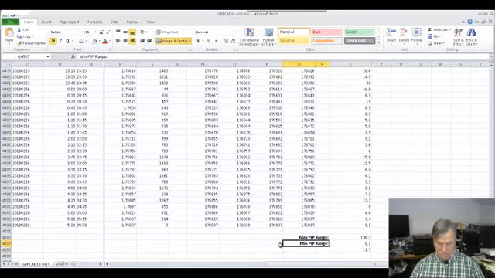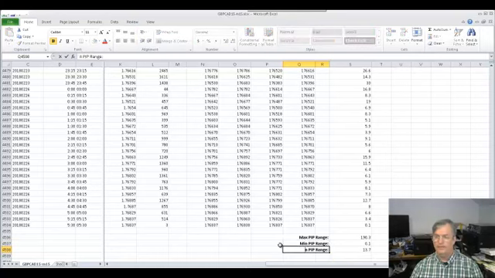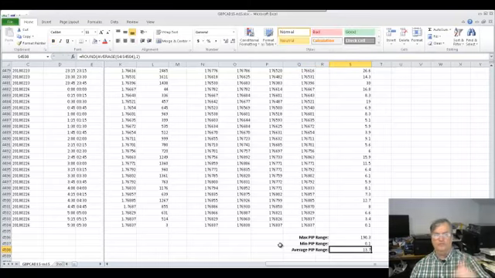Okay, so the average pip range over these 4,500 candles is 13.7 pips.